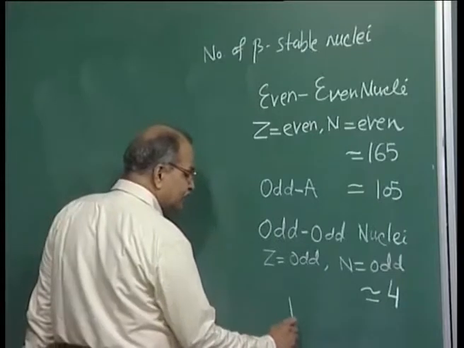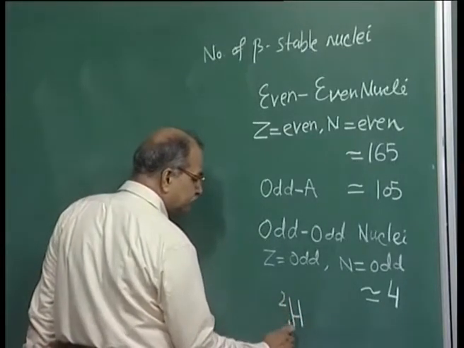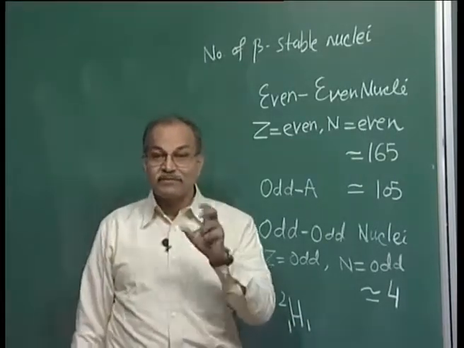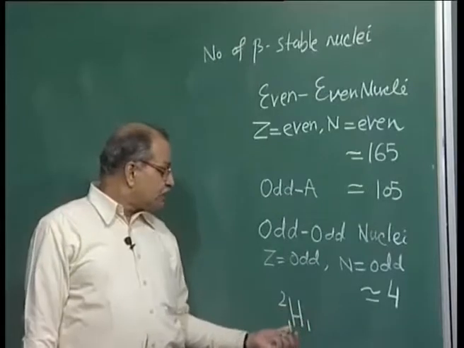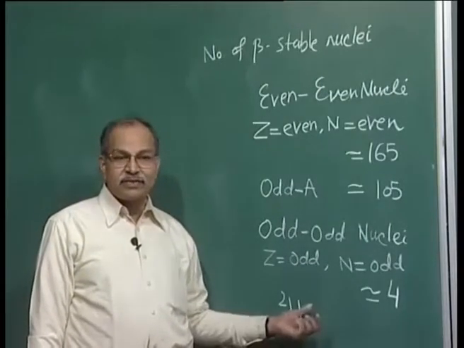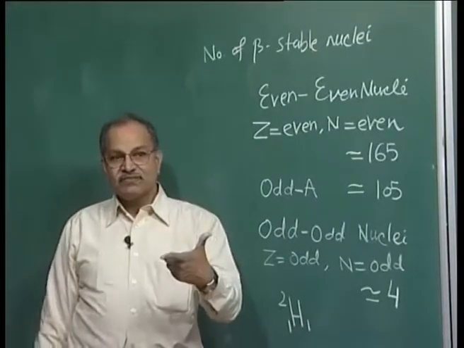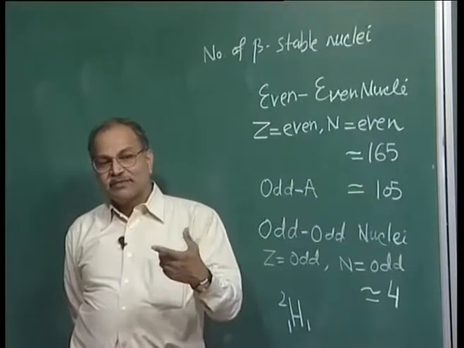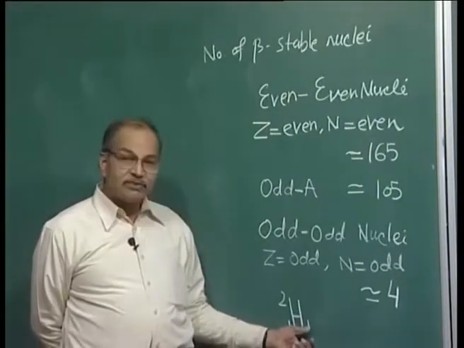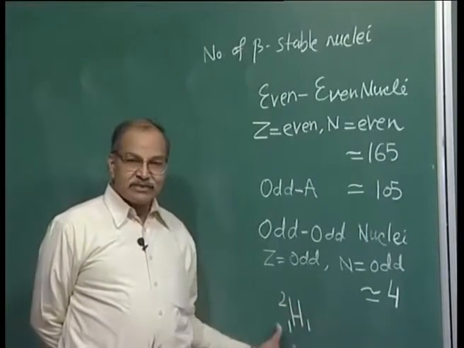One is what you call deuteron, heavy hydrogen, the nucleus of heavy hydrogen, which contains one proton and one neutron. Ordinary hydrogen just contains one proton, but then you also have heavy hydrogen where the nucleus contains one proton and one neutron, and this nucleus is called deuteron.